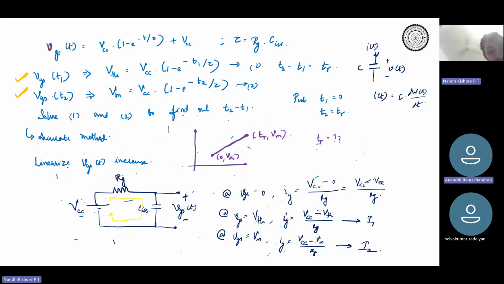Can you apply the same thing over here and tell me what would be Ig? Just the same thing. So I of t is C dV by dt, correct. Just substitute over here. So what would be Ig of t?